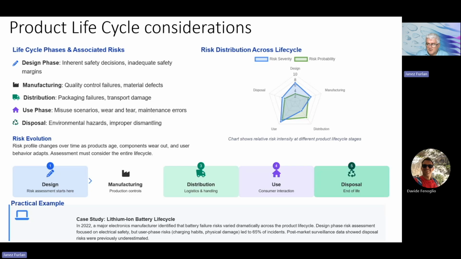We all know that some unfavorable things can happen if the products are overcharged or kept charging for too long. Also, there are issues with the disposal of the lithium battery. For this reason, the manufacturer has to make every effort to design out, as much as possible, any kind of safety or environmental issues related to such a product.